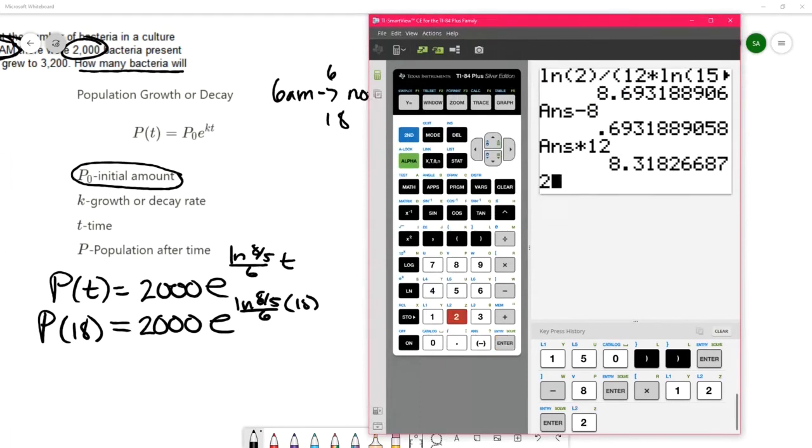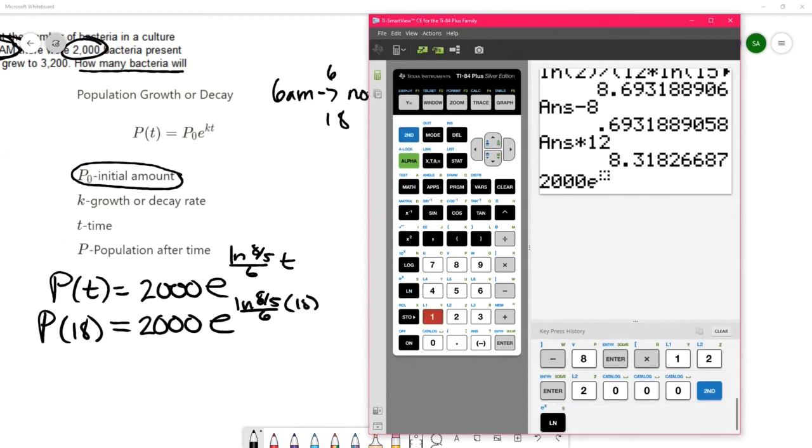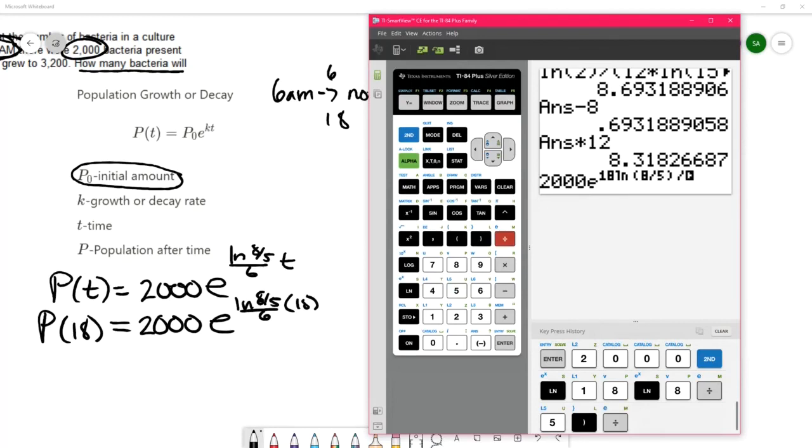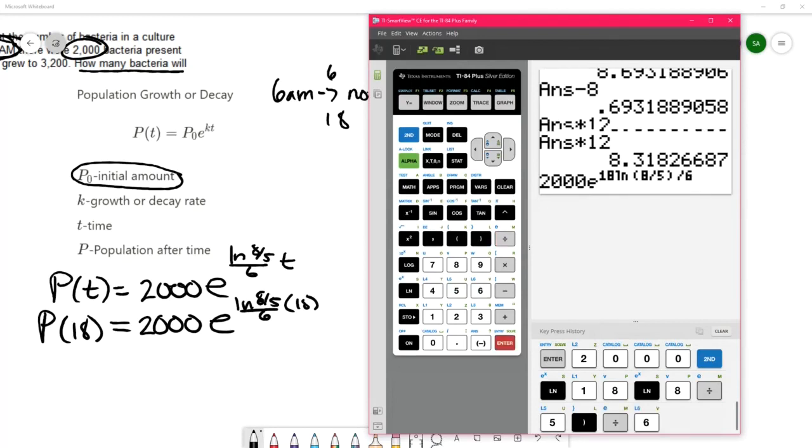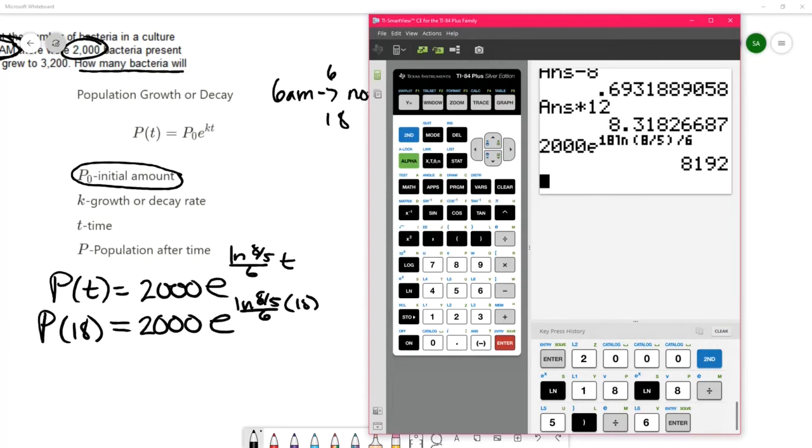I've got 2,000 e, and I'm going to put that 18 first. 18 times natural log of 8/5 divided by 6. So that population grew to 8,192 bacteria after 18 hours, so by midnight.